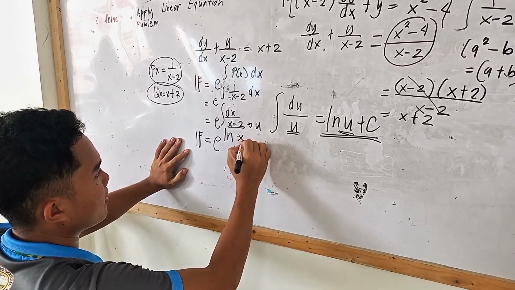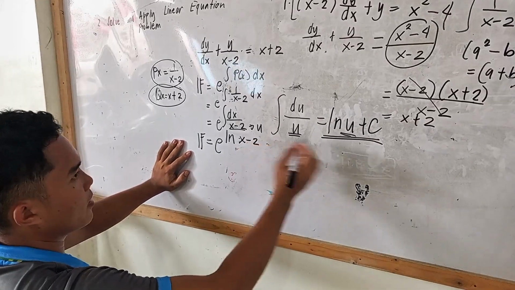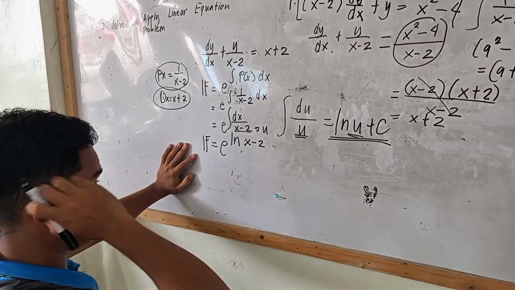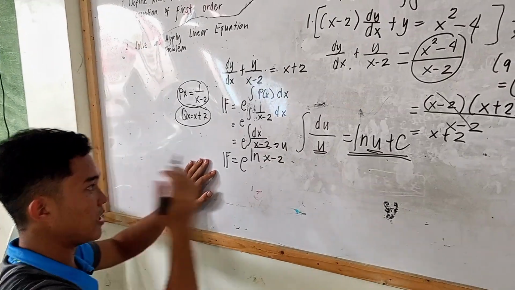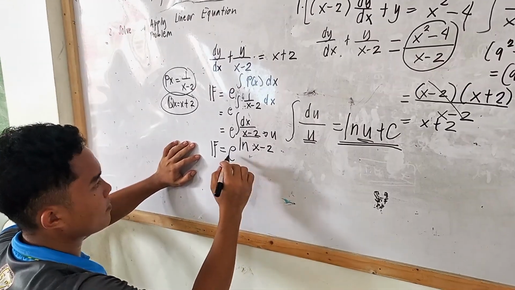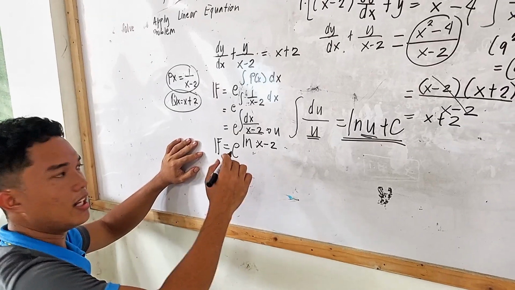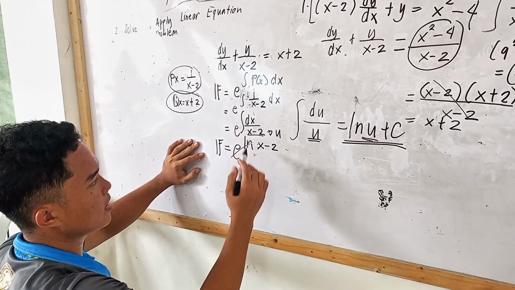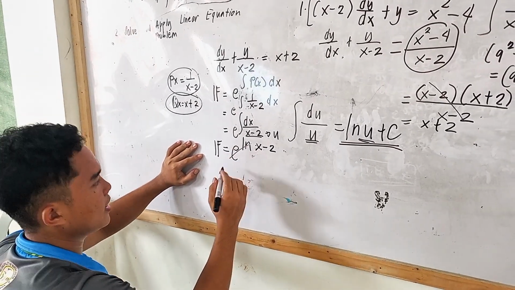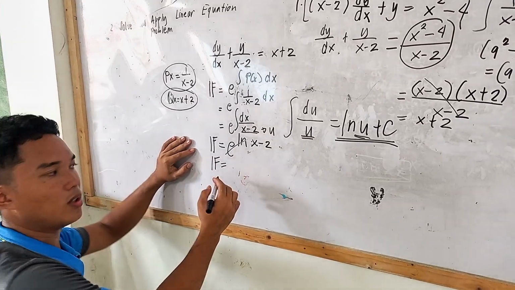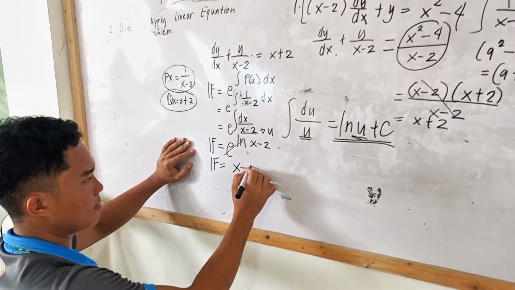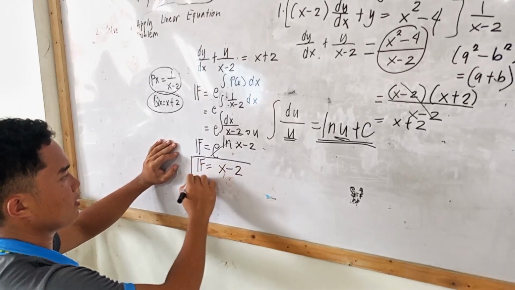Copy x minus 2, then the plus c you will not copy, as the rule of the integrating factor. Since e raised to ln is considered as 1, we can cancel it. Then we have the integrating factor of x minus 2.